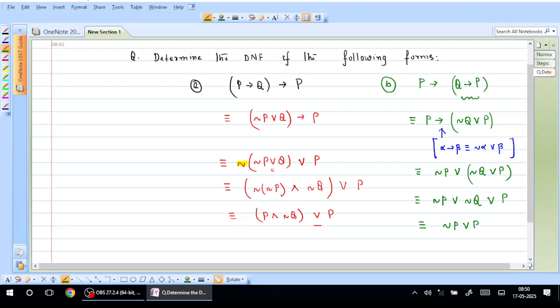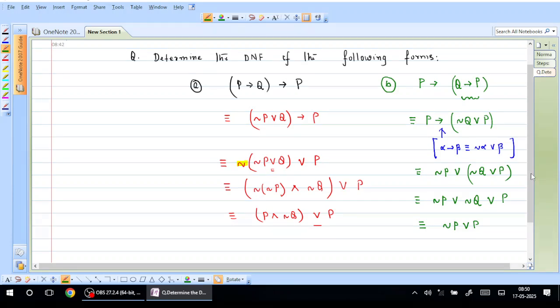Negation of Q will disappear. So you can see here I have the required conversion in DNF.